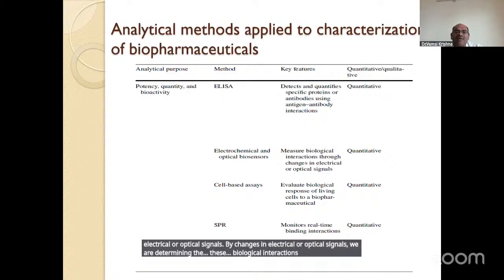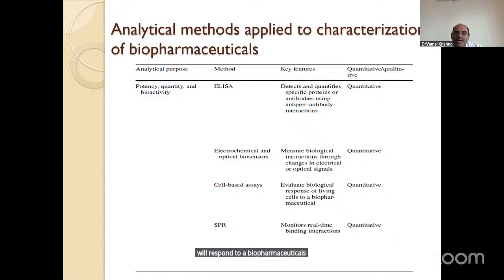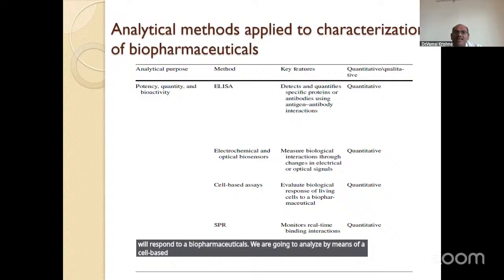And by means of cell-based assays, we evaluate the biological response of living cells to a biopharmaceutical. How the cells respond to a biopharmaceutical, we analyze by means of cell-based assays. And surface plasmon resonance we use to monitor real-time binding interactions. This is a quantitative assay.